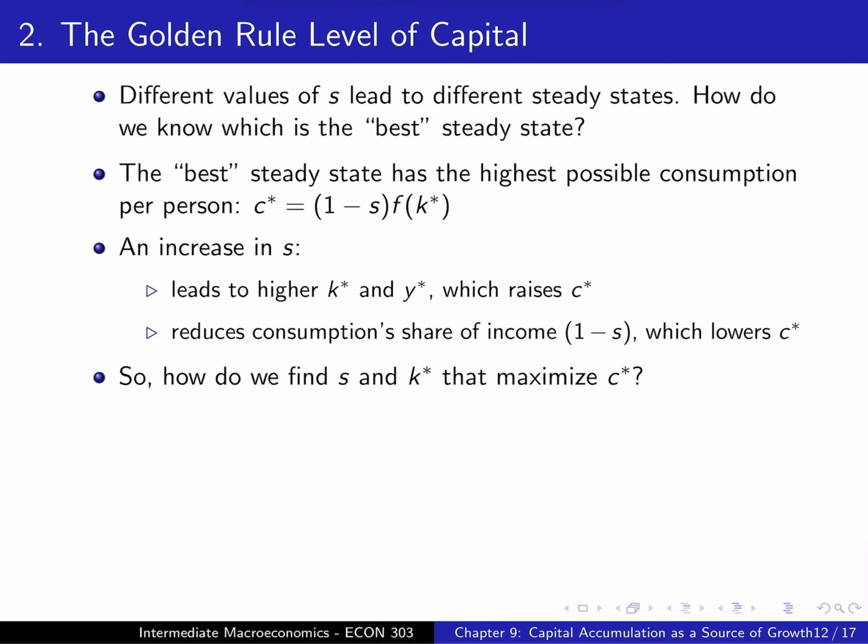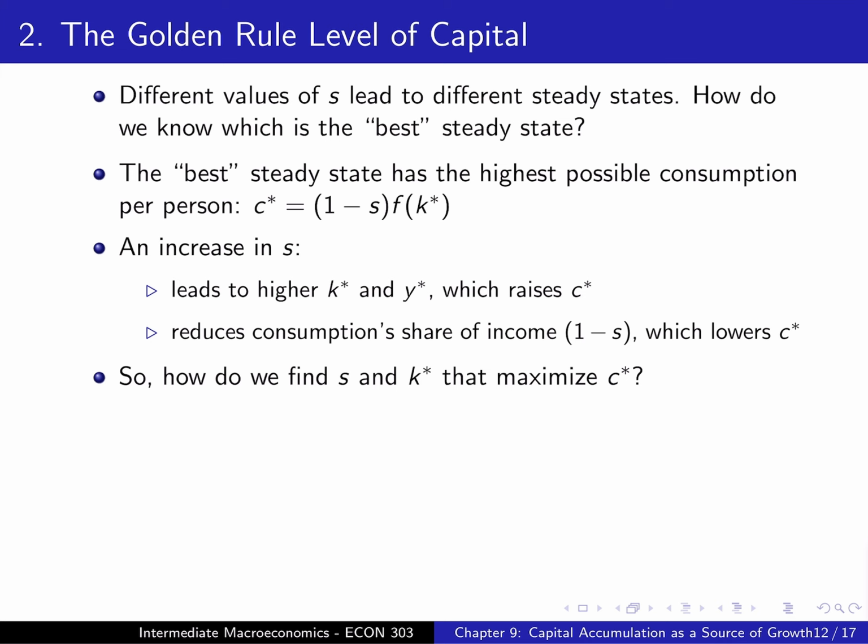An increase in lowercase s has two effects. It raises lowercase k star and lowercase y star, which tends to raise lowercase c star. But it reduces the share of output allocated to consumption, 1 minus lowercase s, which tends to lower lowercase c star.